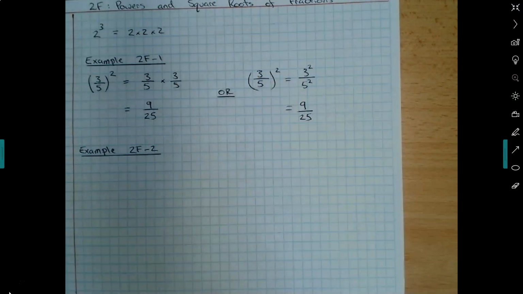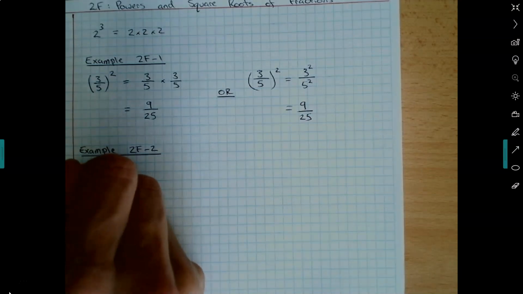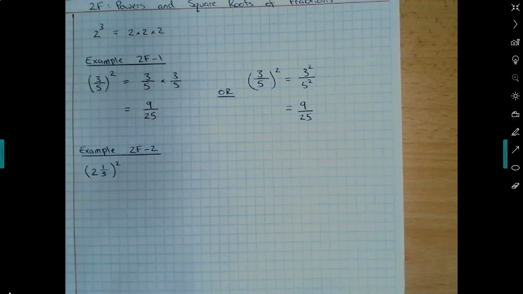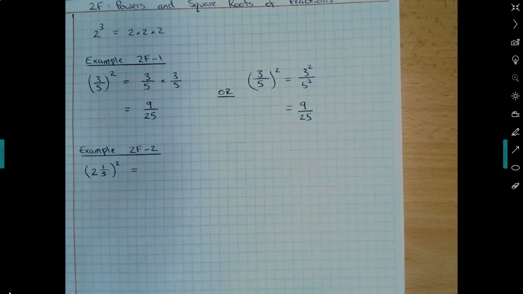Let's do one that's slightly different. This time we're going to go, again the brackets are important to write, (2 and a third) squared. 2 and a third squared. Now as usual, when working with these, let's convert this to an improper fraction.